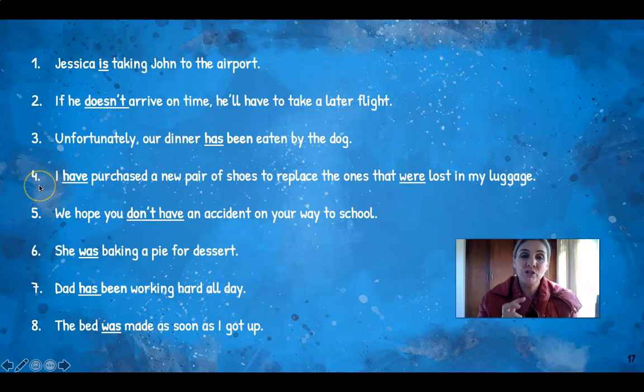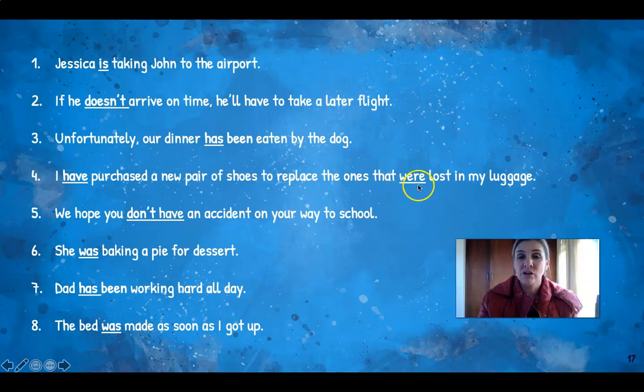Number 4, I purchased a new pair of shoes to replace the ones that were lost in my luggage. Can you see I could have left out that auxiliary verb because it makes sense. I purchased. But we've especially had that place there to see how you are going to do it in terms of past tense. I have purchased. I had purchased a new pair of shoes to replace the ones that were lost in my luggage would have also worked, have or had.